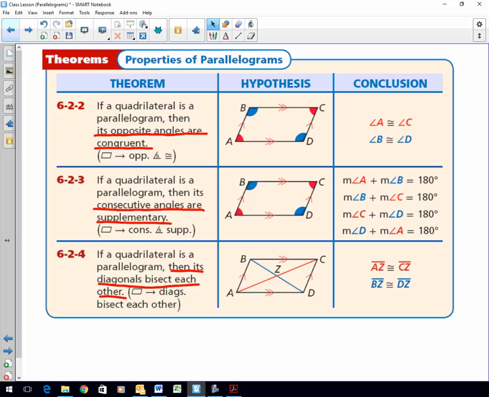You got to know to pass this class. What the heck congruent means? What the heck supplementary means? Congruent means identical. Supplementary means angles have a sum of 180. They add together to be 180 degrees. Okay? Supplementary. Angles add together to be 180 degrees. All right? Then you get this consecutive thing.